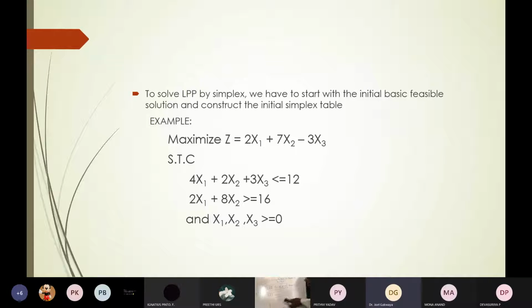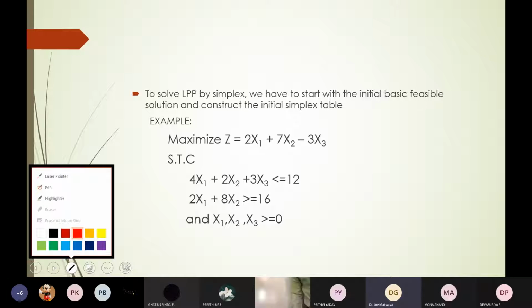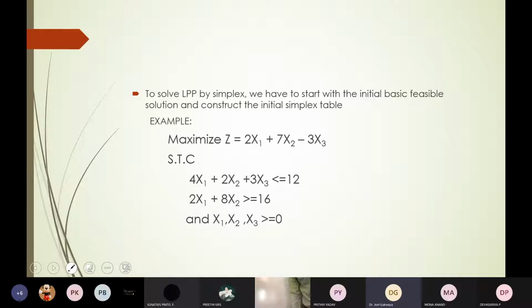This is for the case of maximization using the surplus variable and the artificial variable. As you can see, look at the constraint given here. Look at the first constraint. How is the first constraint?